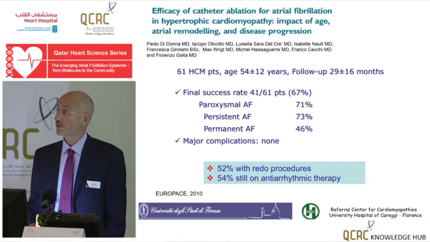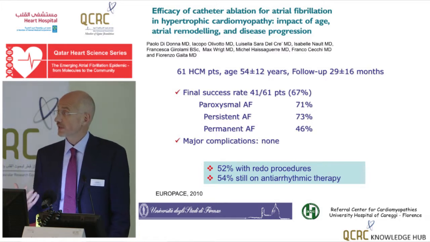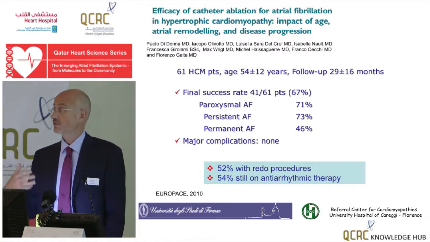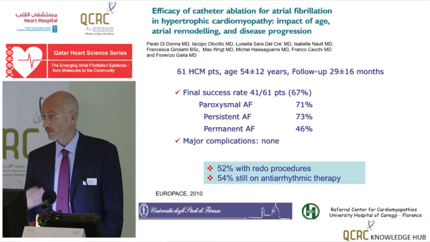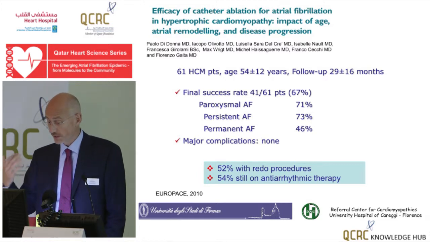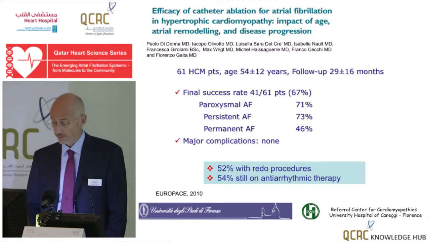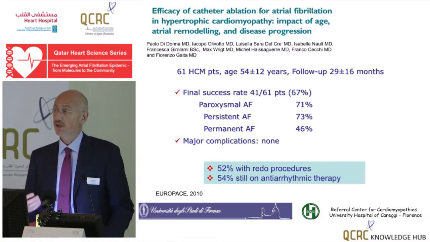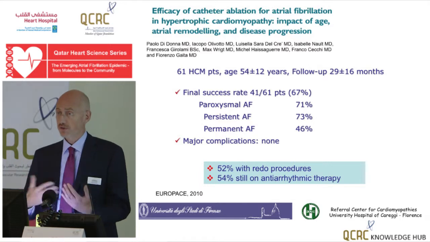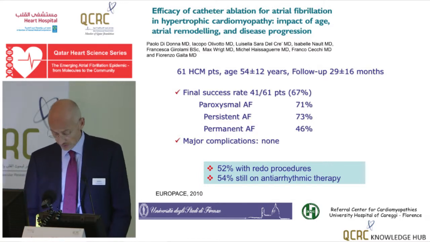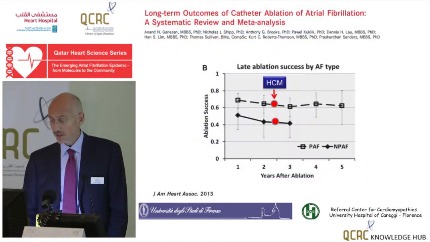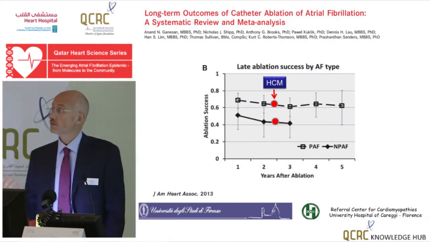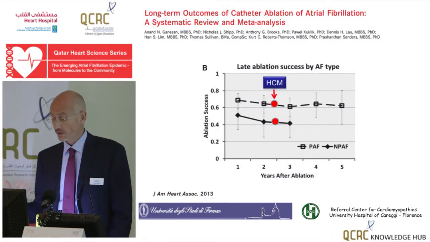This is something we have to tell the patients. They will not be signing for a procedure, they will be signing for a strategy, so they have to be prepared to go in for at least 2 procedures in 50% likelihood. And several patients will not be able to withdraw their antiarrhythmics because they have ventricular arrhythmias or because they may recur despite the ablations. Having said that, we were ultimately happy with the way things turned out.